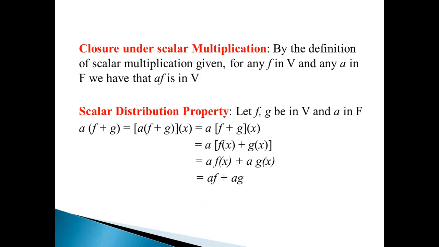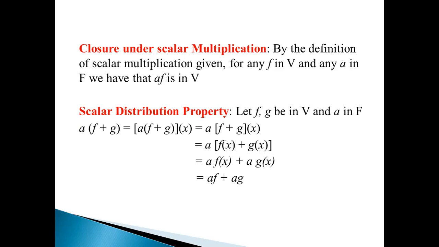Then closure under scalar multiplication, like closure under addition, comes by definition. Those are axioms which must come by definition of addition and scalar multiplication. So we are confident a f is in V just because of the way scalar multiplication is defined.